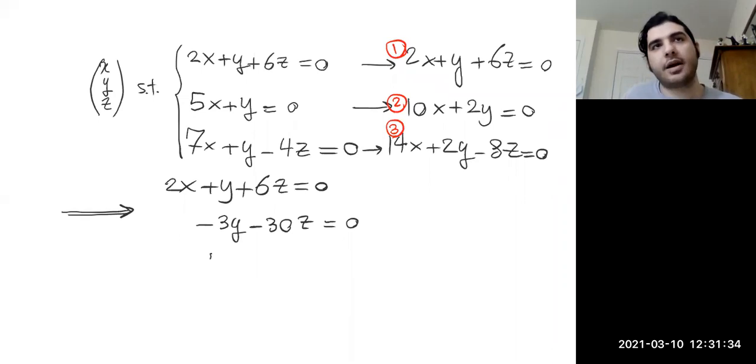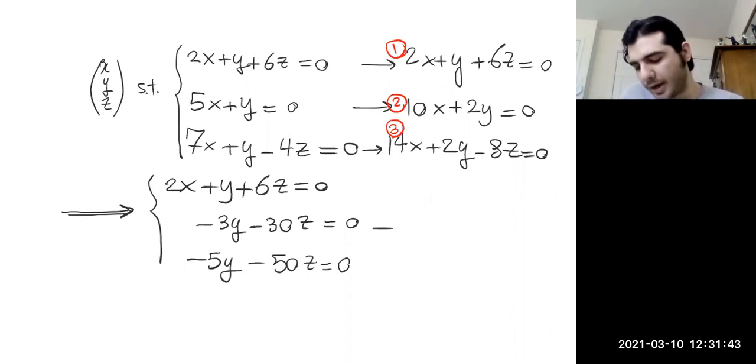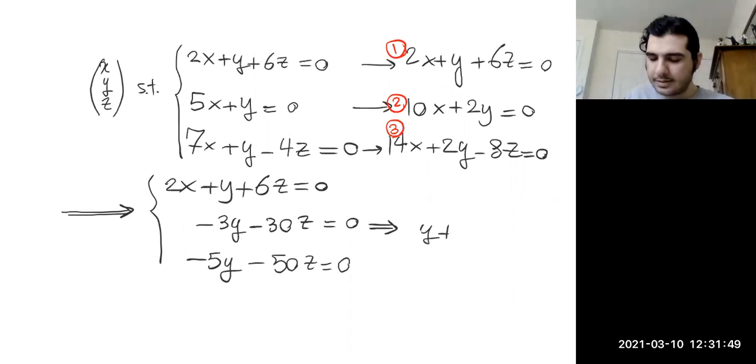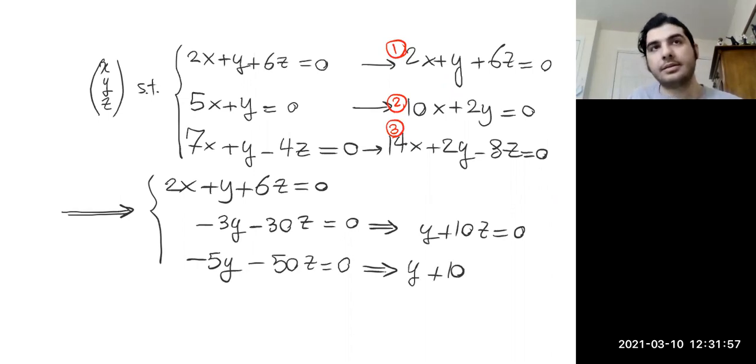I would get minus 5y minus 50z equals 0. And then I can simplify it a little bit more. I can divide the second equation by minus 3. I would get y plus 10z equal to 0. And I can divide the third equation by minus 5. I would get y plus 10z equals 0.